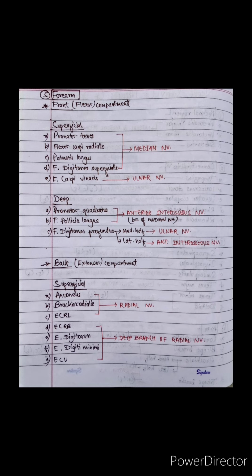Now let's see the muscles of back of forearm, also known as extensor compartment. First let's see the superficial muscles. Anconeus, brachioradialis and extensor carpi radialis longus are supplied by radial nerve, and extensor carpi radialis brevis, extensor digitorum, extensor digiti minimi and extensor carpi ulnaris are supplied by deep branch of radial nerve.